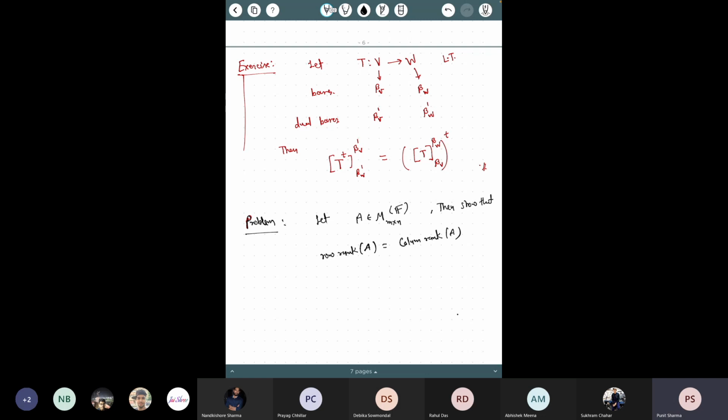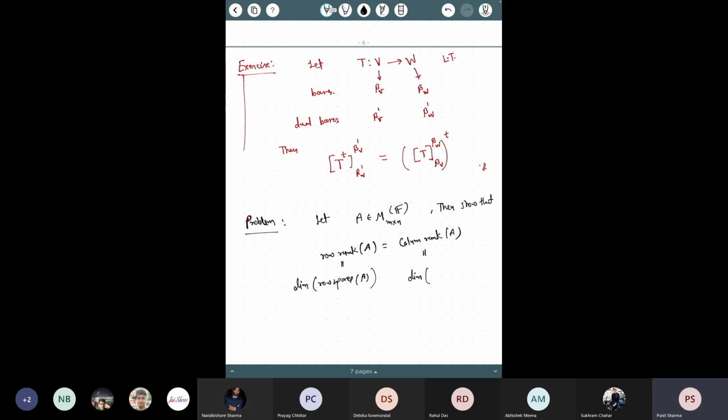So what is row rank? Let me again recall this. Row rank means the dimension of the row space of A. Row space means the space spanned by the rows of A. And similarly, the column rank is the dimension of the column space. So what is the column space?